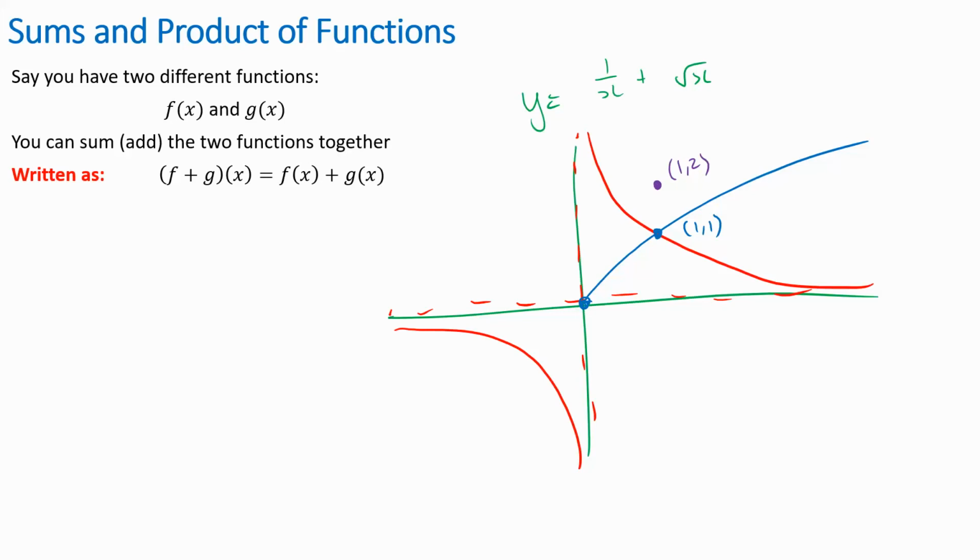What we don't know is, does it go down or does it go up on the right-hand side of that point? And does it go down or does it go up on the left-hand side? That's what we don't know. But we can predict. Let's say I chose this random point on the red line, and I chose this blue point, and let's analyze.